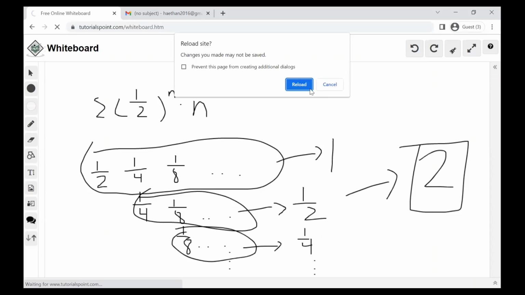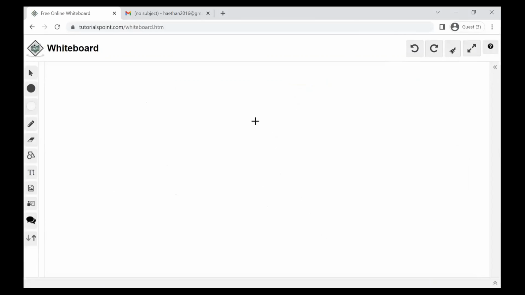And now I'll introduce to you a very, very useful idea in a lot of expected value problems, which is called linearity of expectation.